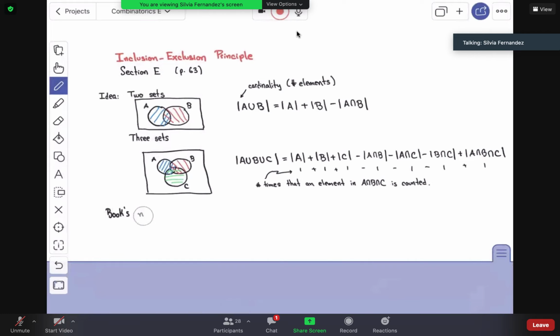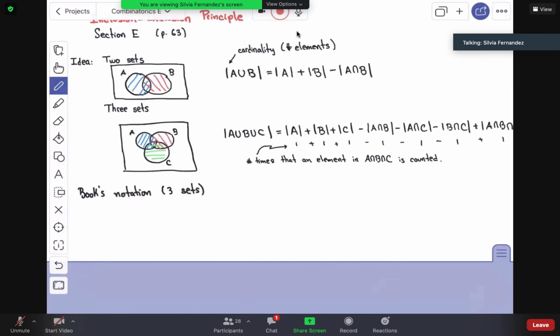So kind of what we just did with A, B, and C, writing the union and the intersections like that. This is what they do.